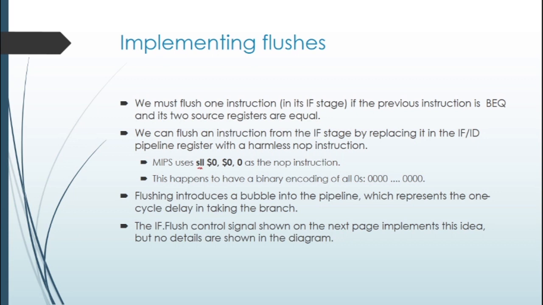It's actually a simple instruction, SLL, shift left logical 0, 0 and 0. The destination register 0 is actually not writable, and the source register is 0, and we just shift it left.